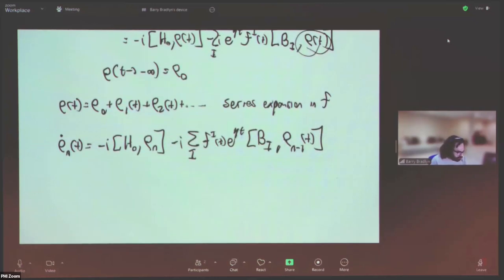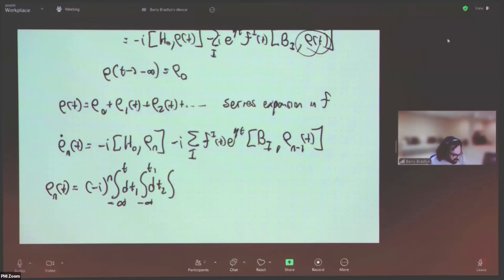So if we plug a similar equation in for rho n minus 1 and so on and so forth, what we find is that rho n of t is minus I to the n and then a bunch of nested time integrals where each one goes up to the time of the next.